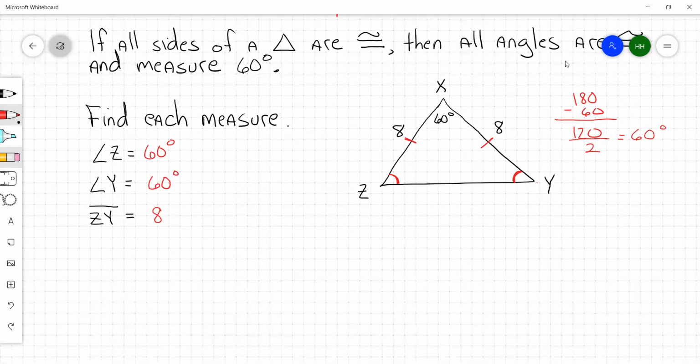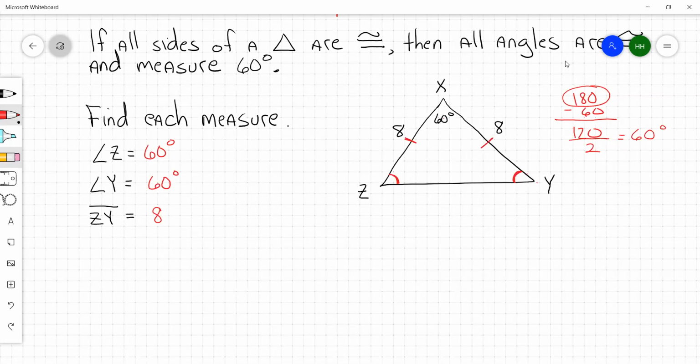If the three angles in the triangle have to add up to 180, and you subtract this 60-degree angle, you have 120 degrees left. Angle Z and angle Y together have to equal 120. But if they're equal to each other, then you can just divide the 120 by 2. Oh, okay, I get it now.